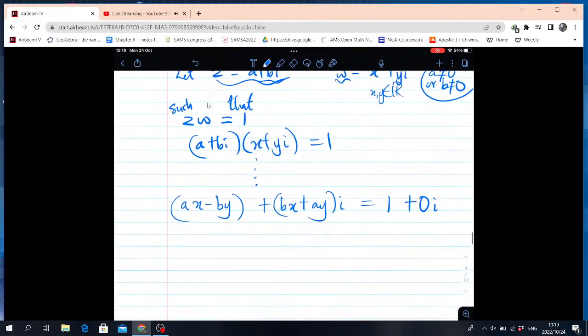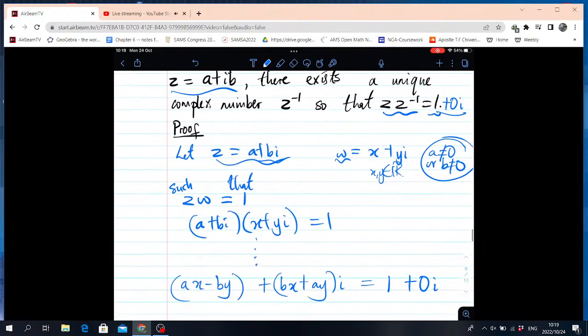So now, what we want is to find x and y such that this happens, because a and b are sort of fixed.